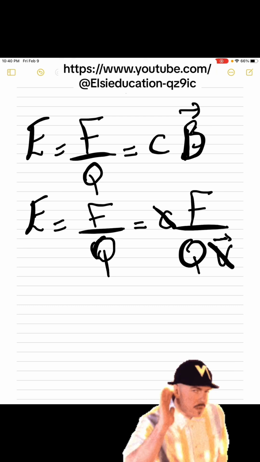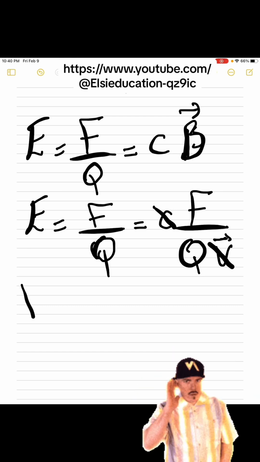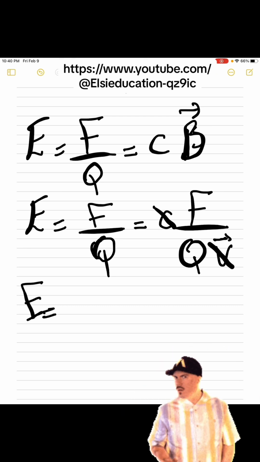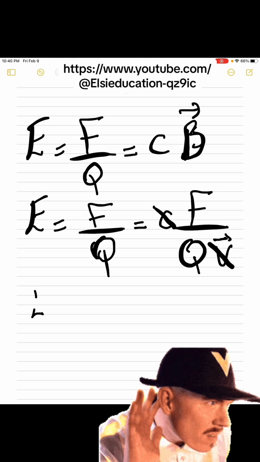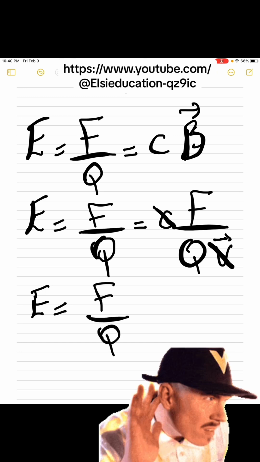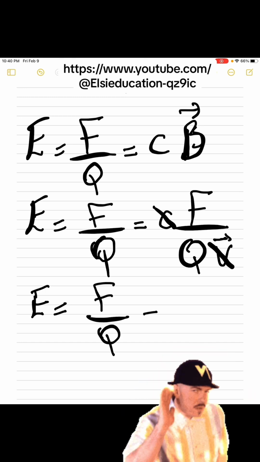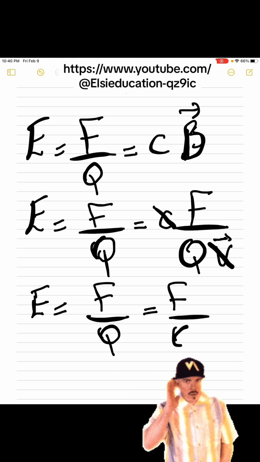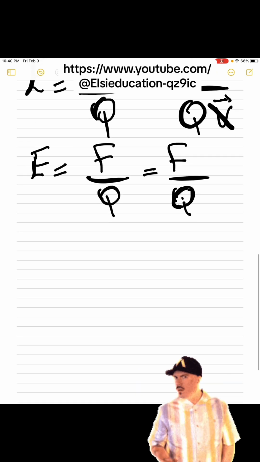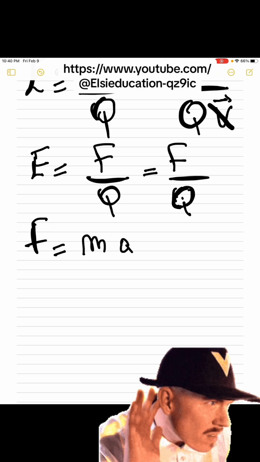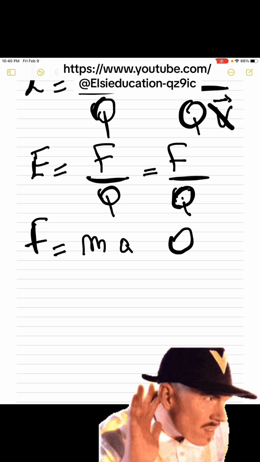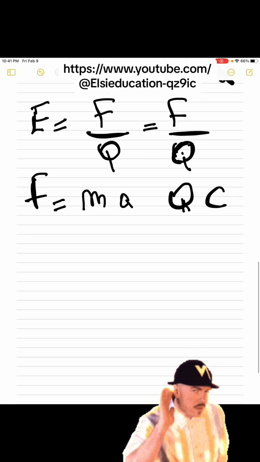So these two will cancel out, and the electric field will be equal to force divided by the charge. Okay, so what is the force? Force is equal to mass multiplied by acceleration, and the charge is in Coulomb.